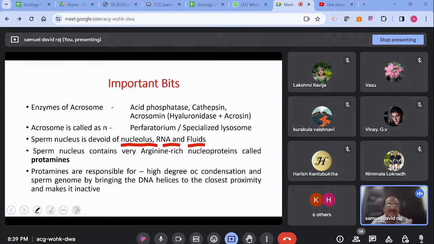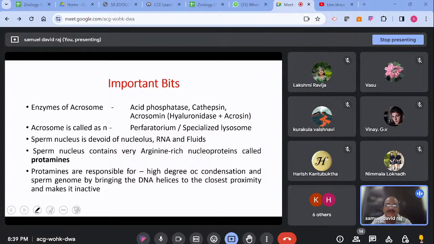Because here gene expression is not required, except for certain cases like haploid gene expression we have seen. When the nucleolus is present, it is responsible for the formation of ribosomes. Why are ribosomes required? For protein synthesis. So as there is generally no gene expression, no protein synthesis and no ribosome synthesis is required, there is no requirement for the nucleolus.